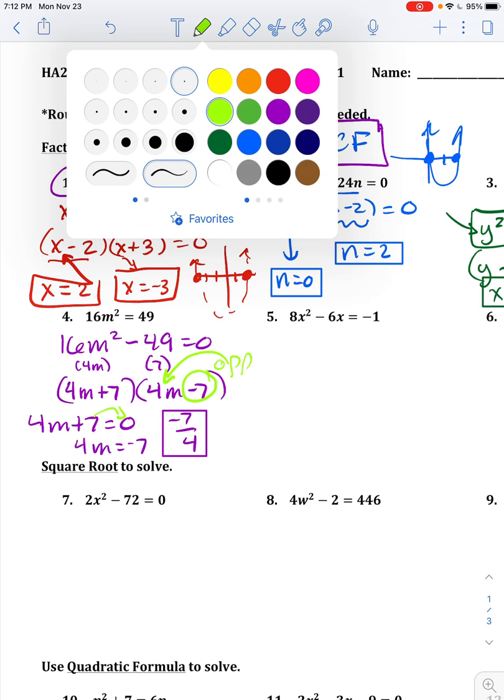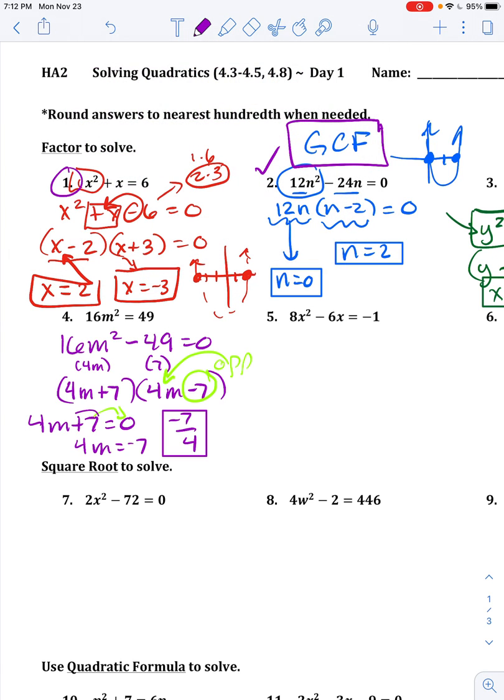So for example, in this part, I would have used the opposite of 7, which is negative 7, and then over 4. If that's tricky, then just keep writing it out. So you could write this one out, or you can think, I'm going to take the opposite of negative 7 over 4. And you'll get the same thing either way. So whatever your comfort level is with understanding where you're going to end up.